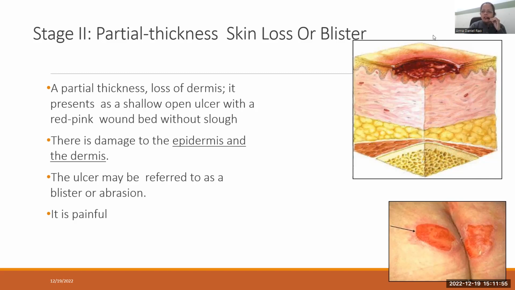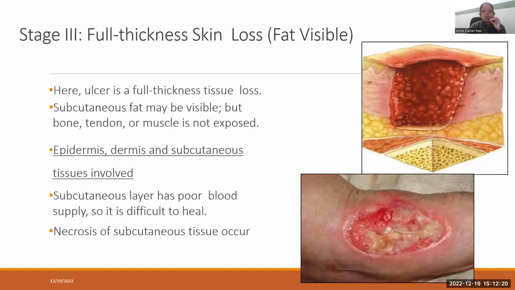There can be slough, or there cannot be slough, and the layers involved here are epidermis and dermis, and the ulcer may be referred to as a blister or abrasion. You can see in the figure here, and the picture also is there. It is also very painful to the patient. The patient may be able to tell you that it is painful, or may not be able to tell you. So what is important is the assessment.